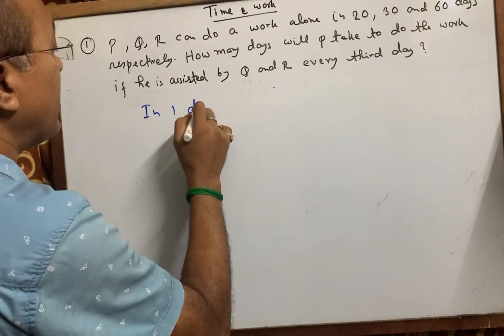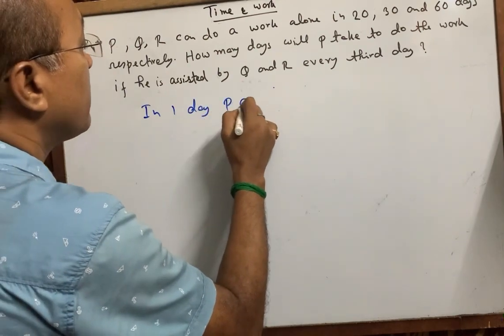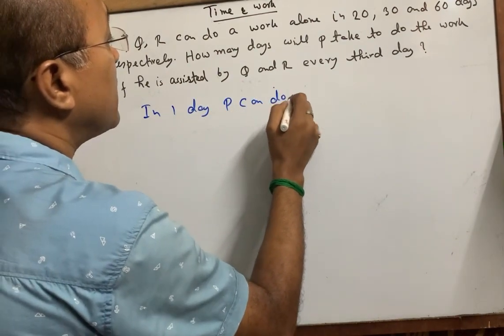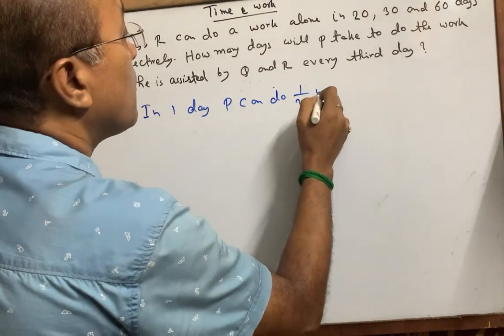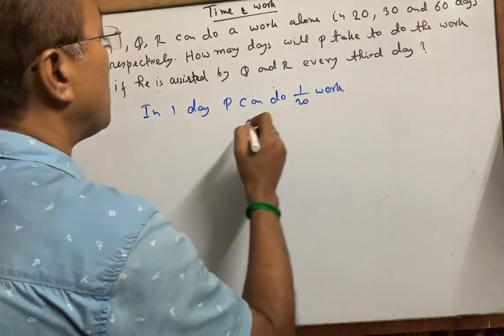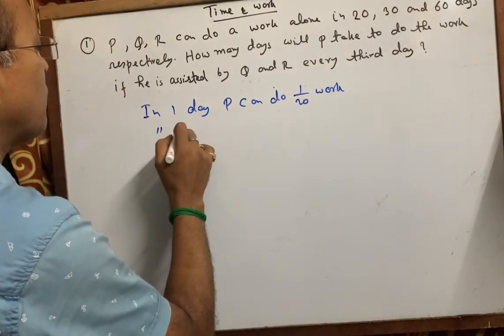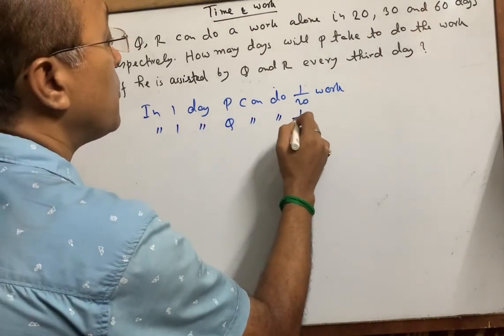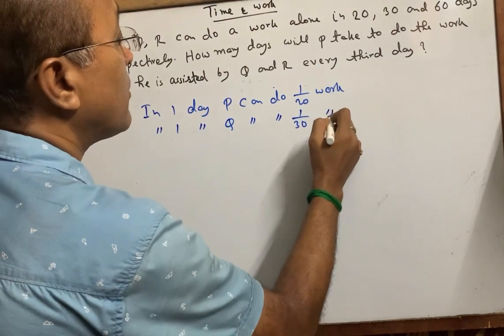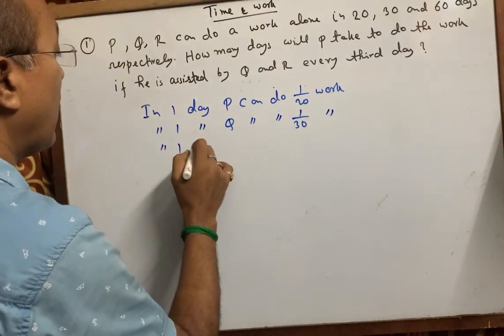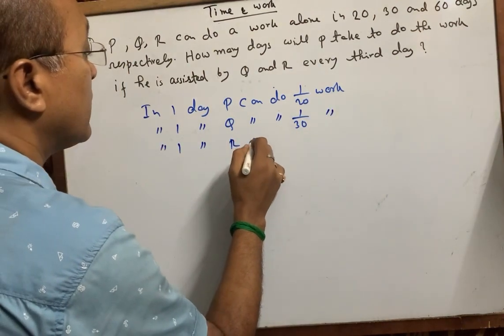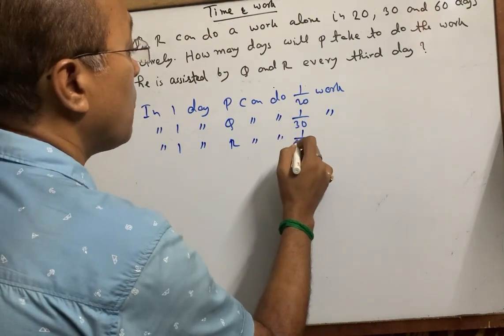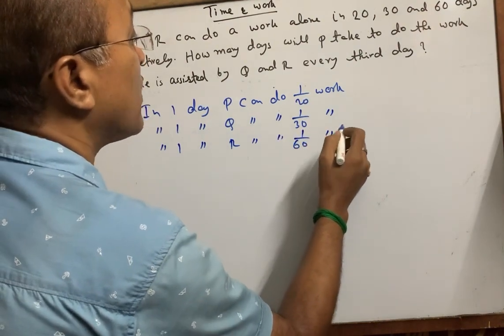In one day, P can do 1 by 20 work. Therefore, in one day, Q can do 1 by 30 work, and in one day, R can do 1 by 60 work.